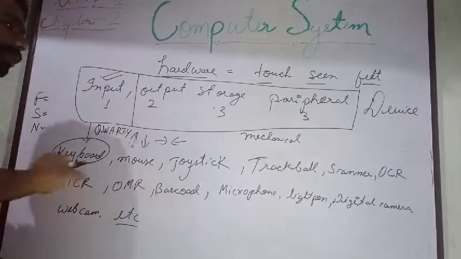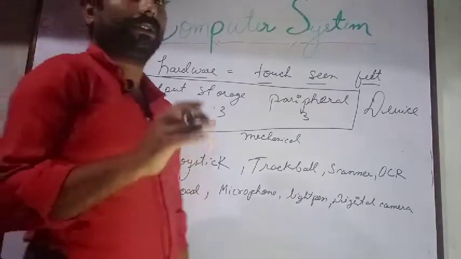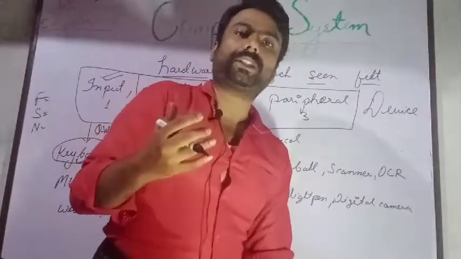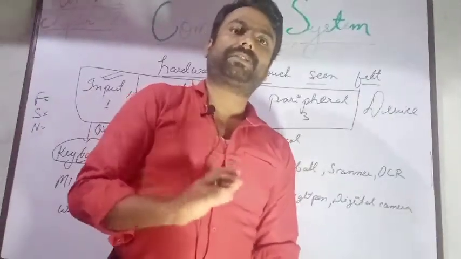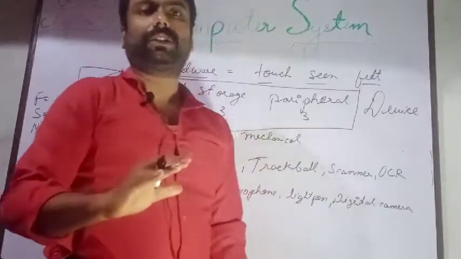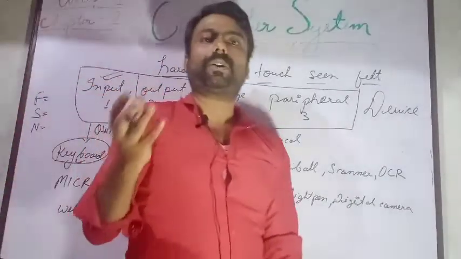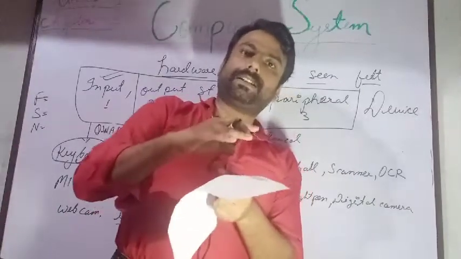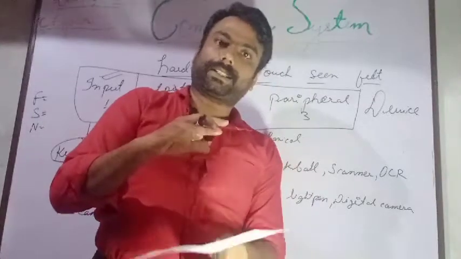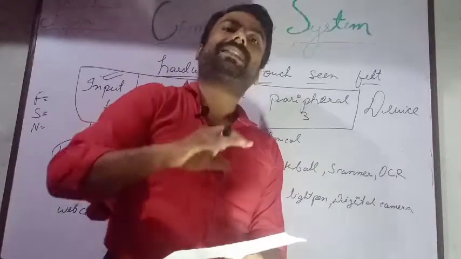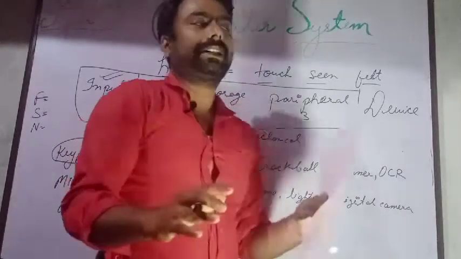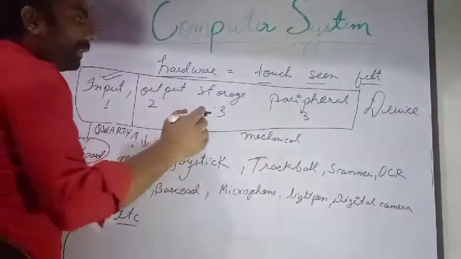The mouse pointer will move according to the movement of the ball under the mouse. Okay, so there should be friction. Due to friction only, any object moves from one position to another. Like that, a frictional surface should be there on the table, by which the ball connected under the mouse is in contact with the table. The direction in which you move the mouse, in that direction it will move on the screen.